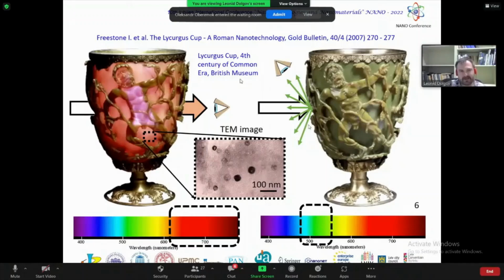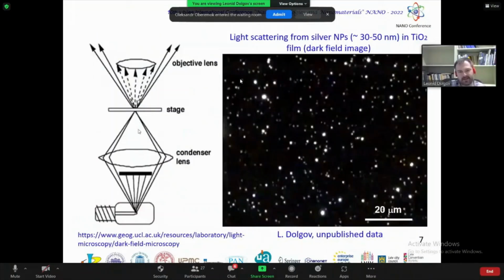It's red in transmittance, and in reflected light it has a greenish tint. And this, seen in scattering or reflection mode, is even more interesting because it allows us to visualize nanoparticles.